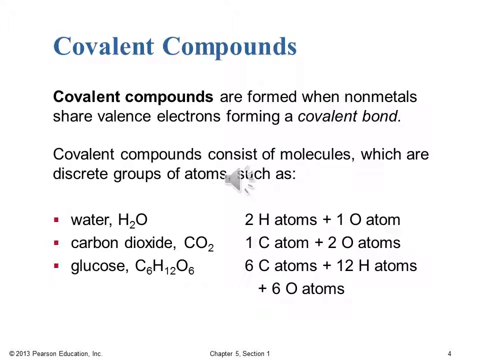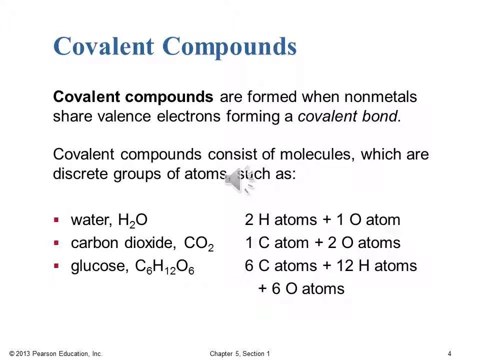So following up with that idea of covalency, sharing, being together, so having their valence together, covalent compounds are formed when 2 nonmetals, either the same nonmetal with itself or 2 different nonmetallic elements, share valence electrons to form that covalent bond. And so covalent compounds are molecules.